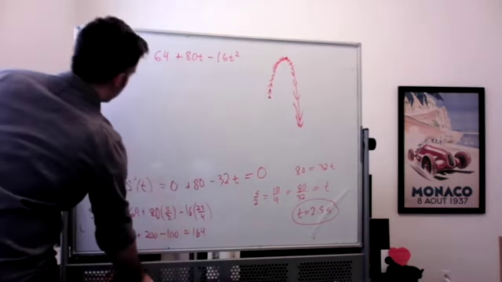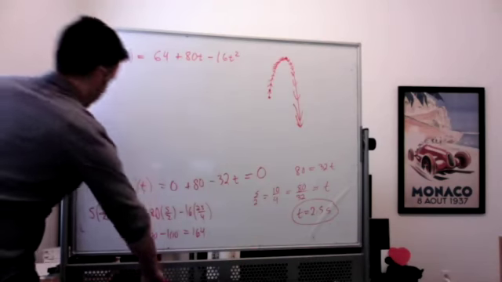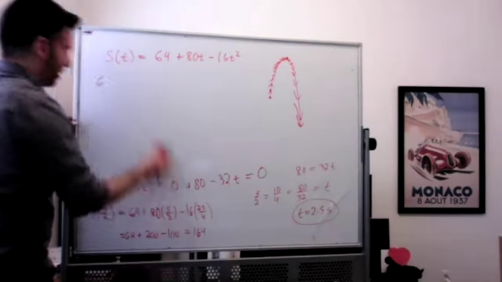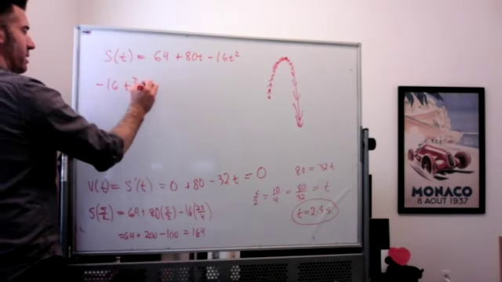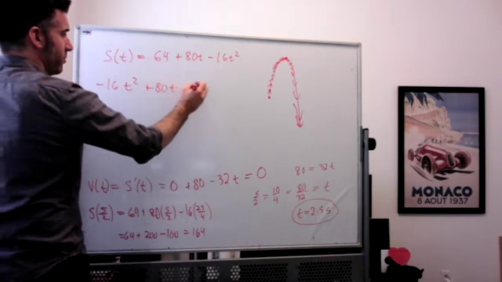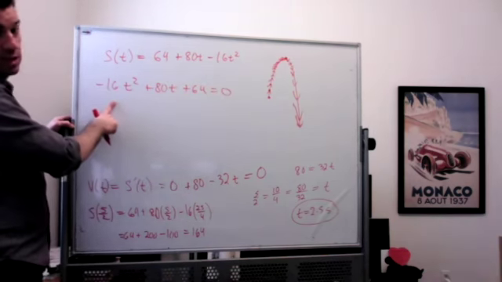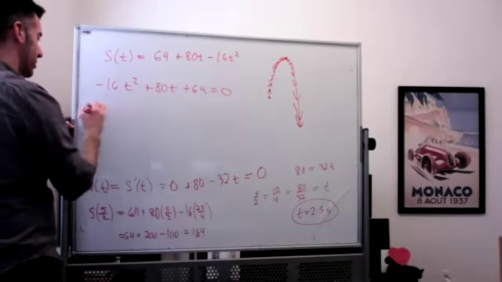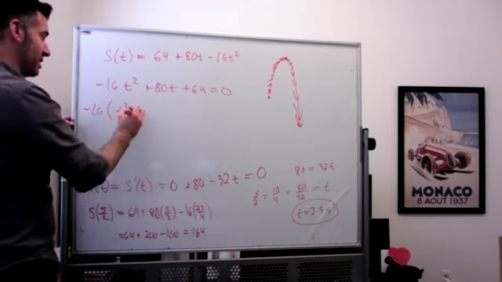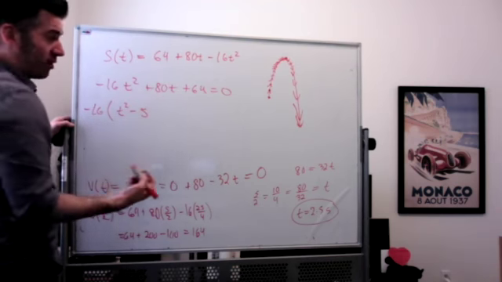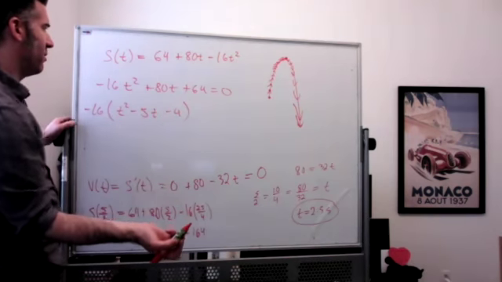So if I set this equal to 0, now if the person writing this problem is nice, they've written it in such a way that the stuff is going to factor pretty nicely. And something to be aware of, if I write it the usual way with the highest powers first, a negative 16 will factor out from each of these. 80 divided by negative 16 is negative 5, and 64 divided by negative 16 is negative 4. Ooh, and maybe I'm out of luck.